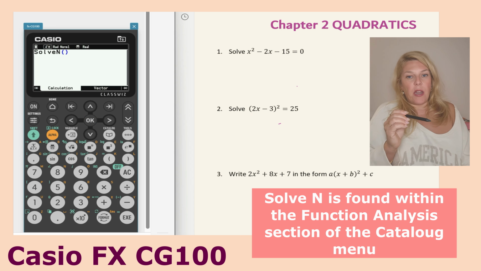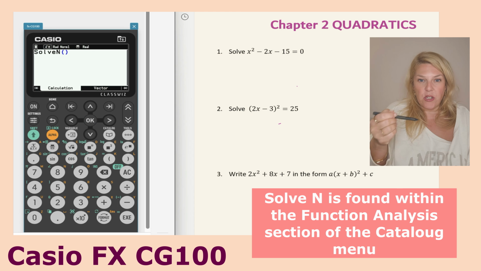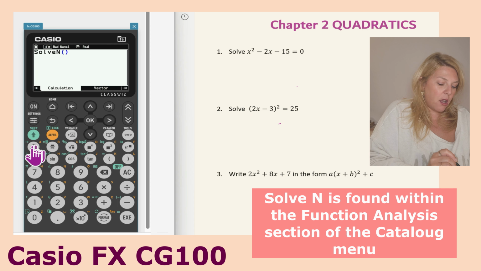It will bring up solve n with a blue bracket that we then put the equation in that we need to solve. This time we're not just entering the coefficients, we're entering the whole thing. To get x, I press this button here, which is underneath the shift button. So x, and then I square, and then I need to take away 2x and take away 15.